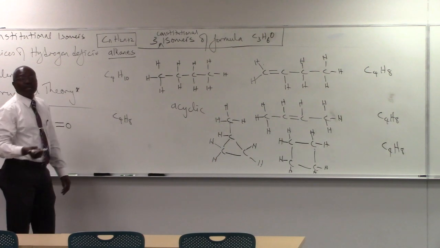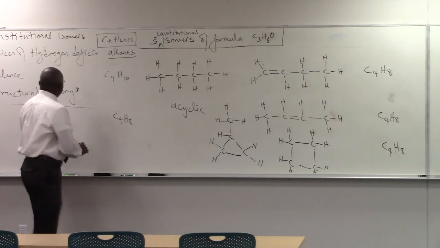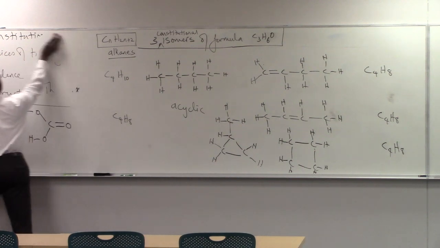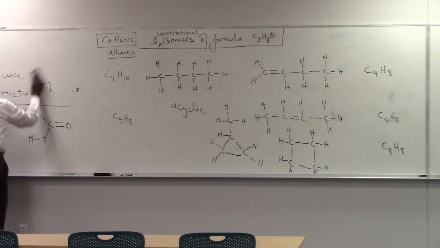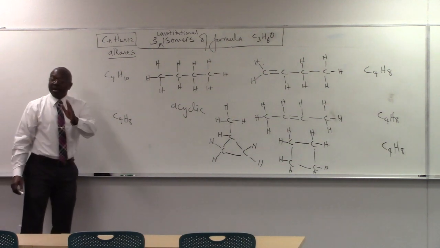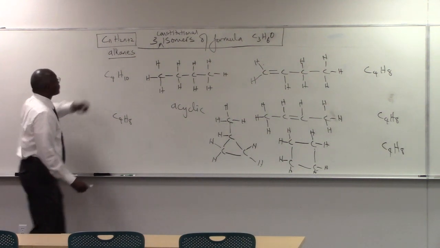They're called alkanes. Let's explore this for a second. What are my alkanes? My alkanes represent the simplest class of organic compounds. They are hydrocarbons because they have only H and C.